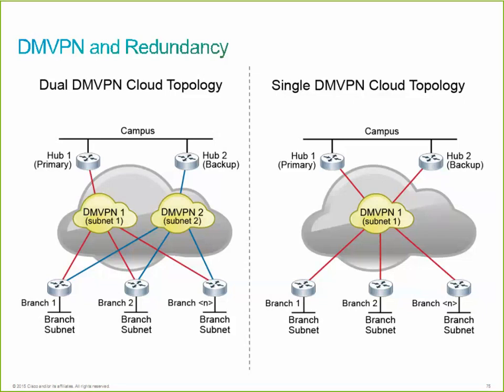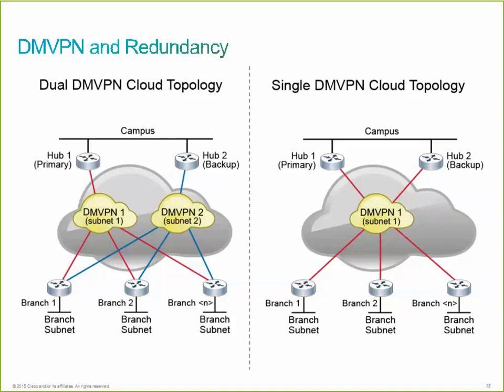So Hub 1 and Hub 2 in the single DMVPN cloud topology, you're going to see a single next hop, right? Well, there's two different next hop values, but they're mapped to one GRE tunnel interface. In both cases, we have two different next hop values. It's just a matter of whether they're mapped to a single interface or each next hop is mapped to a different tunnel interface.